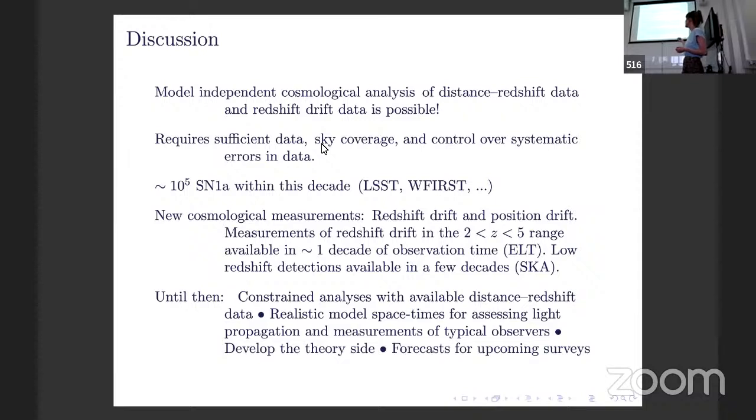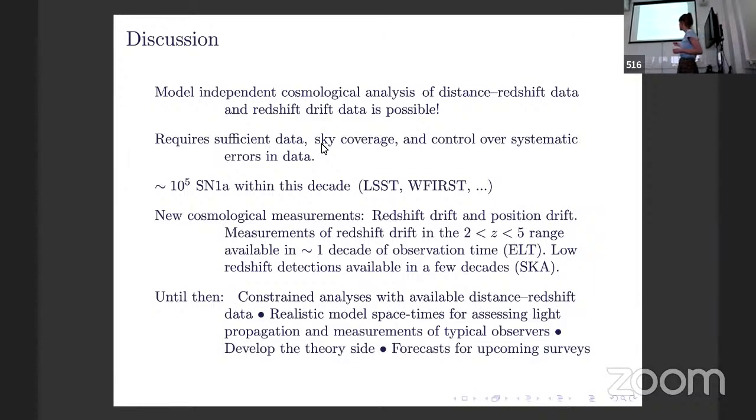We are also going to have access to completely new cosmological measurements of, for instance, cosmic drift effects. So in the reasonably near future, we are expected to have the first measurement of redshift drift with the ELT.